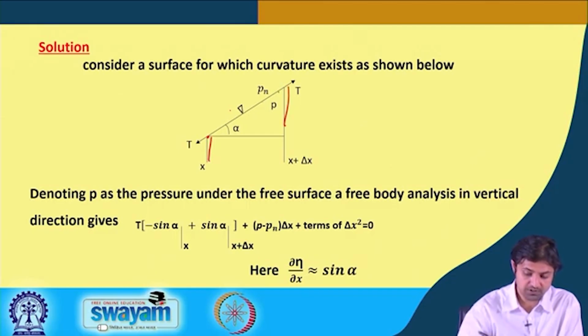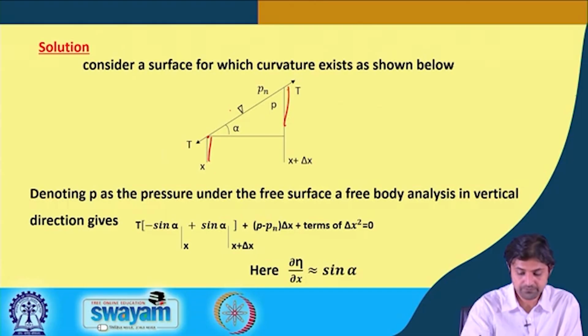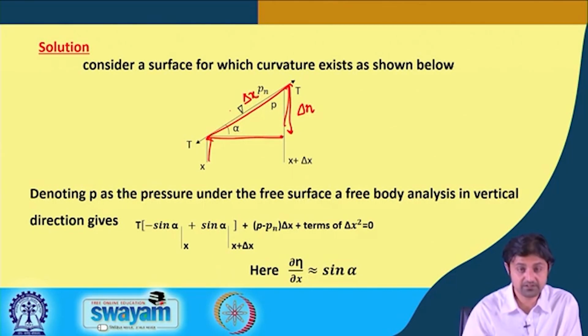So, the difference between them, del eta by del x, will be sine alpha. Or we can take this one also as delta x, because we are considering very small. So, here we take delta eta by delta x equal to sine alpha.